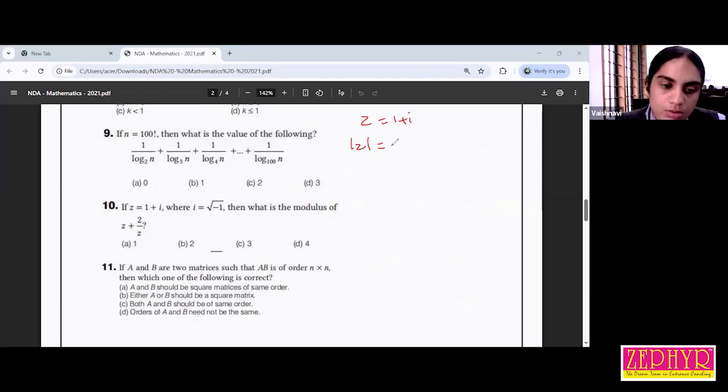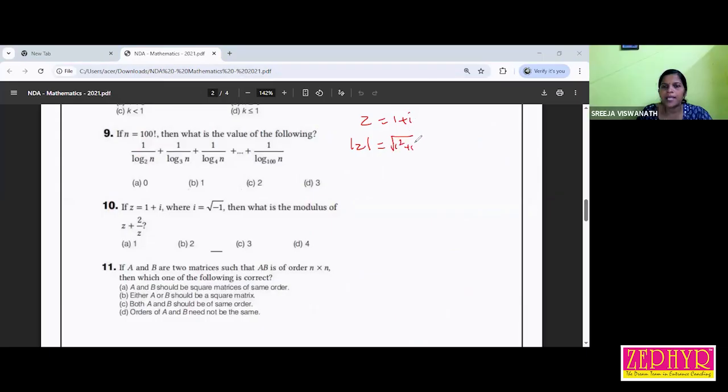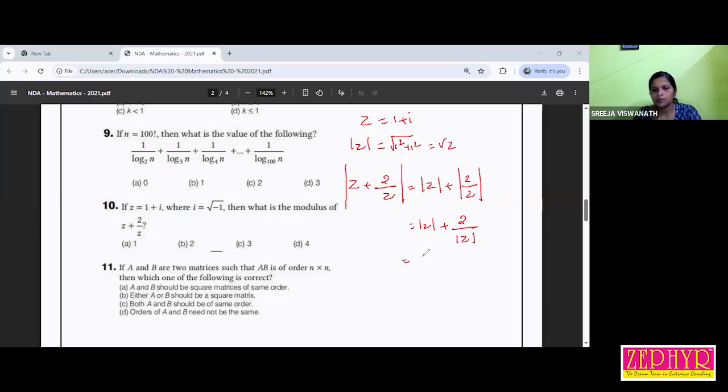Root of 1 square plus 1 square, root 2. Here we need to find mod of z plus 2 by z. Mod can be split. Mod z plus mod of 2 by z. That is mod z plus mod 2, that is 2, by mod z. Now solve.